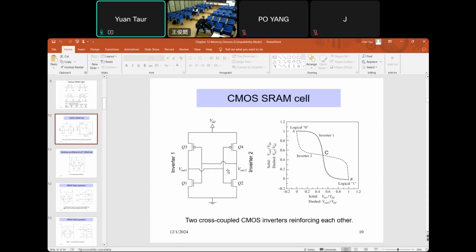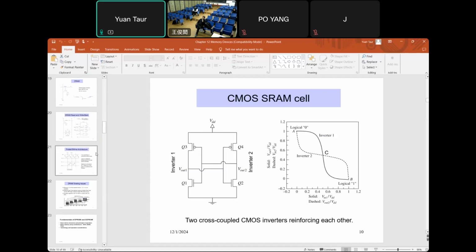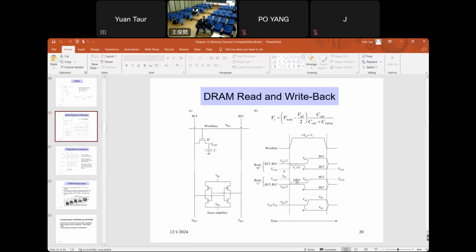So that means there are two stable states, either A or B. Either the left side is high and the right side is 0, or the left side is 0 and the right side is VDD. Okay, now let's go back here. So which state does it go to?